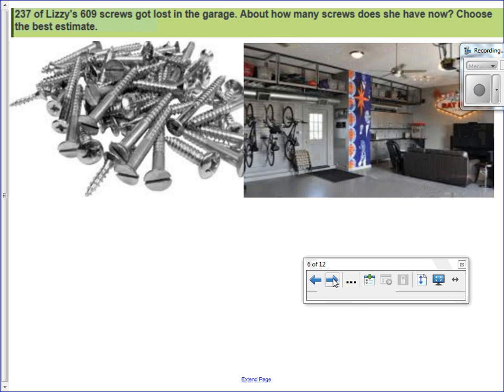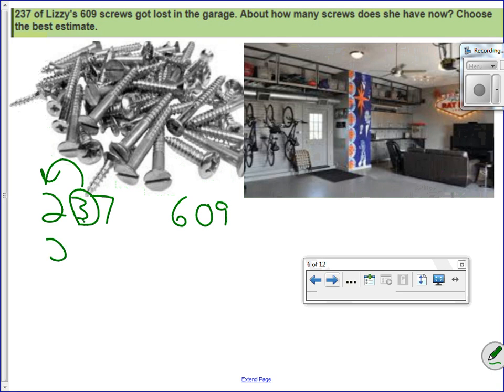237 of Lizzie's 609 screws got lost in the garage. But how many screws does she have now? Okay, we're going to take these numbers, 237. And then we have 609. Okay. Rounding the 3, we have to change the 2. 3 is less than 5, so that means I'm going to keep the 2 the same and make this 200.